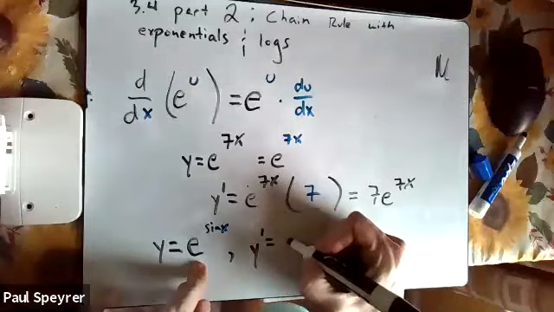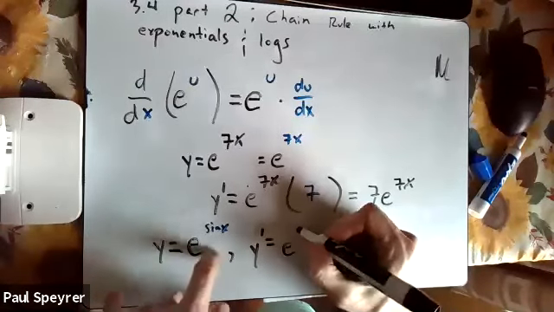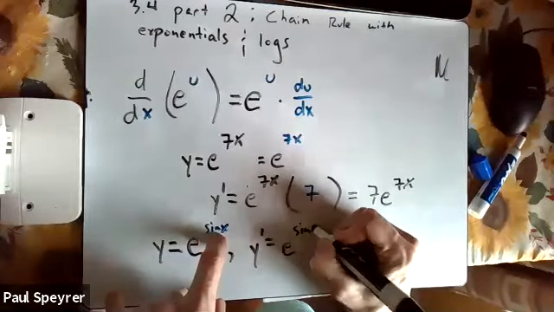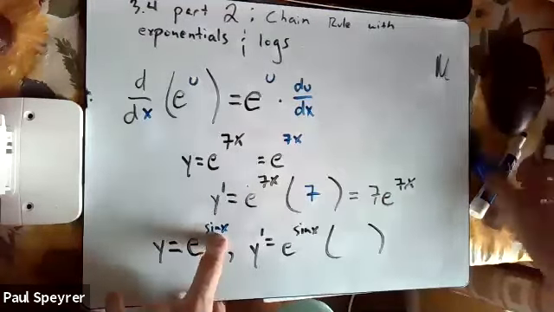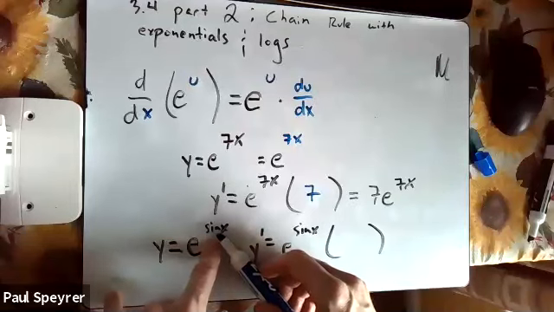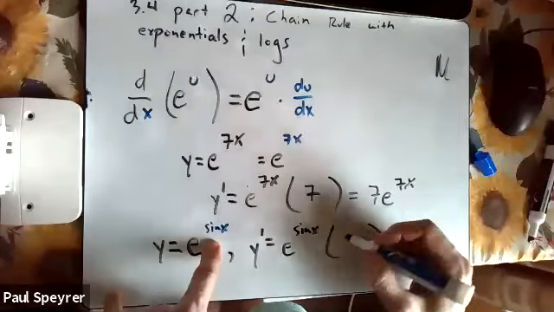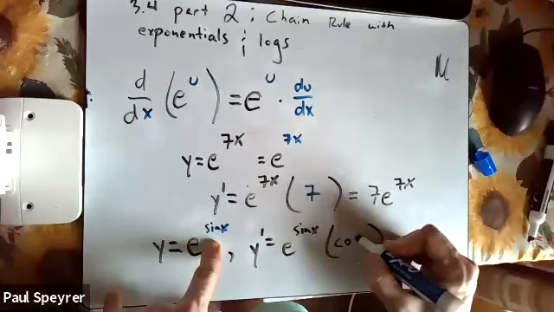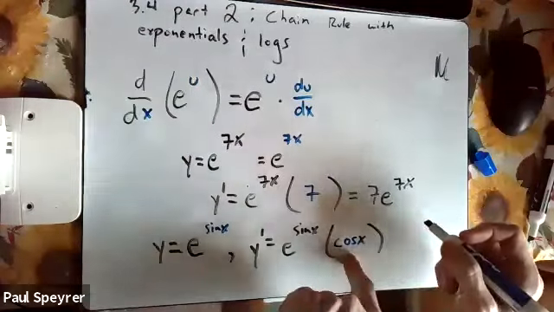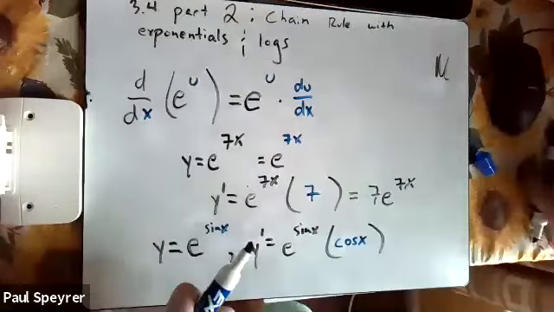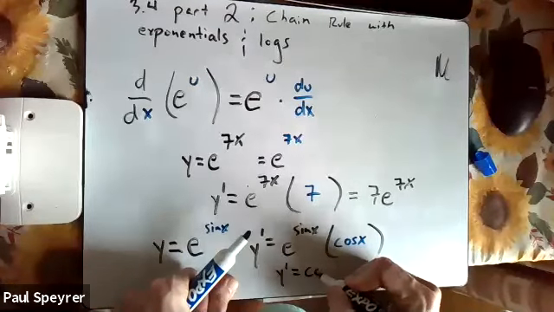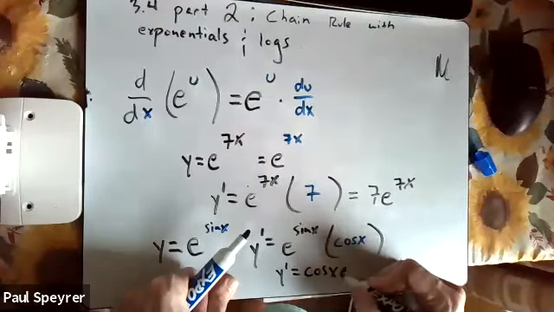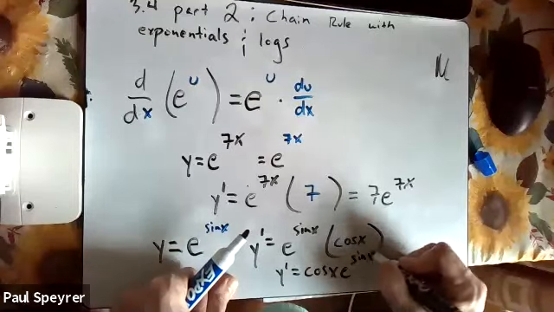Well, e to the u is just e to the sine of x. You basically copy the original problem down times the derivative of the blue stuff. What's the derivative of sine of x? It is positive cosine of x. So that's your derivative. You can rewrite it and say y prime equals cosine of x e to the sine x.